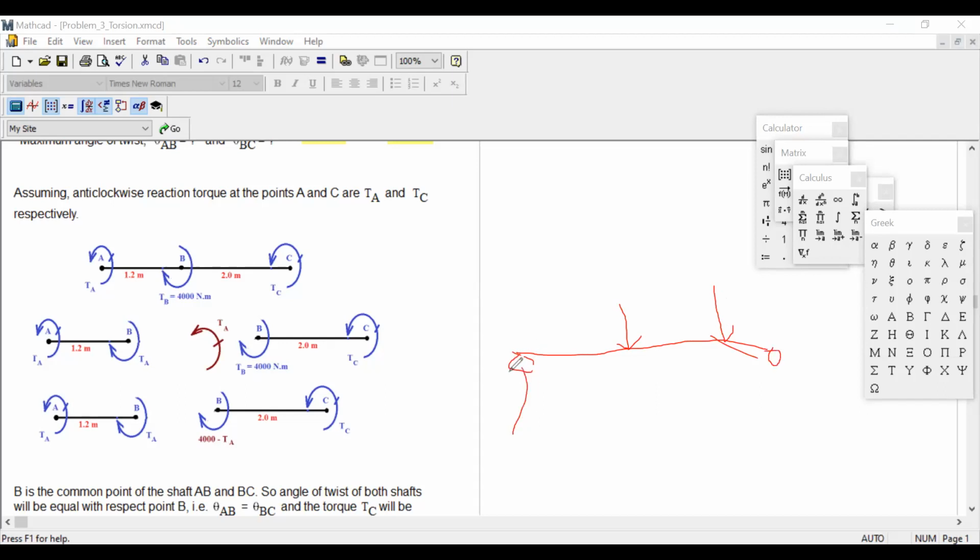So you say reaction is upward. Say this one is 100, this one is 60. Easily you can figure out, right? You take moment over here, then you get this reaction. Then summation of force along vertical direction, then you will get this reaction force, you can figure out easily.